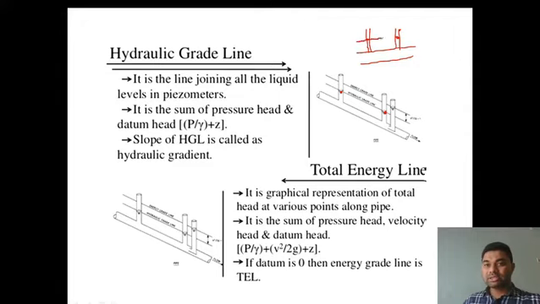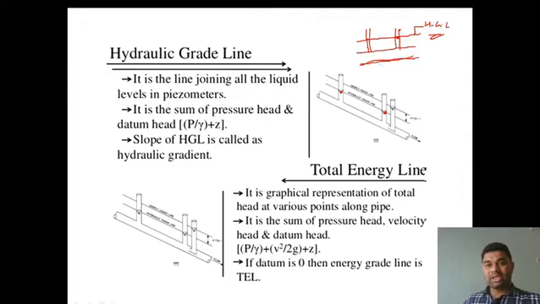If we join these readings, this line is known as the hydraulic grade line. It is the sum of pressure head and datum head.